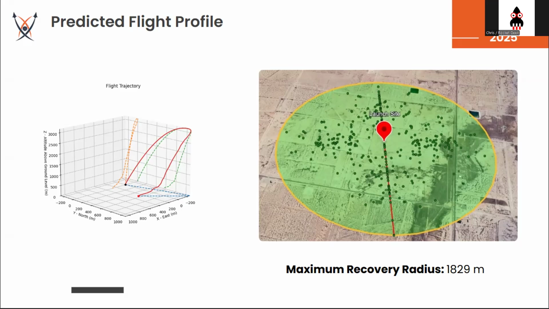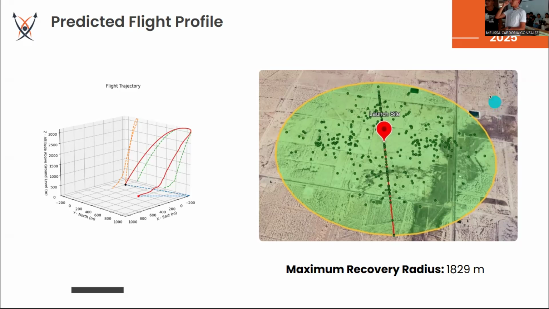My question was more about nominal flight in terms of recovery ejection charges. If for some reason your main parachute comes out at apogee, is that included in this analysis? In this case, this is just a nominal scenario. Okay. The drogue parachute ejects at apogee and the main parachute at 450 meters above ground.